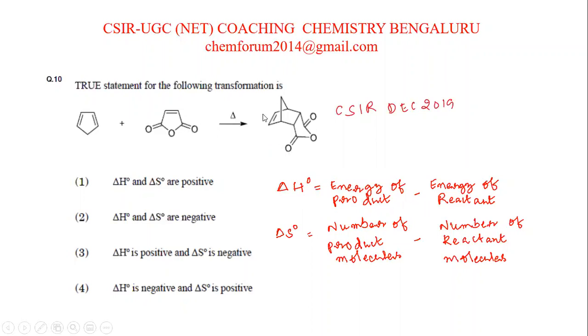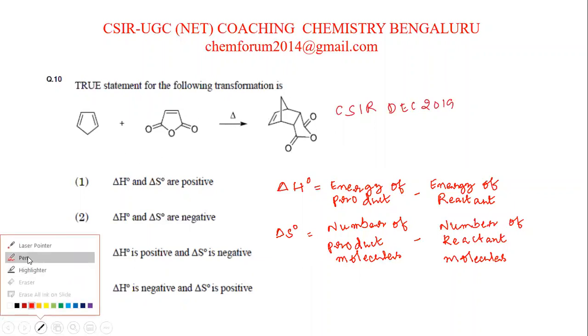As we know, the product's energy is always less than the reactant's energy, so this value will become negative, and so enthalpy will be negative. And for finding the entropy, we need to know the number of product molecules minus the number of reactant molecules. In this case, we have one product molecule and two reactant molecules.